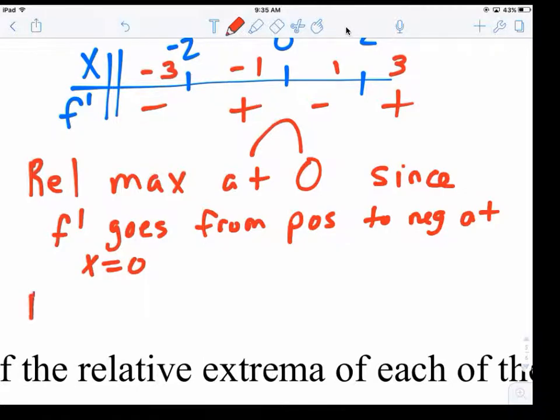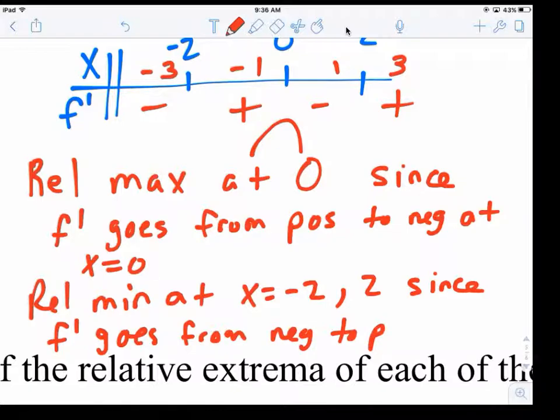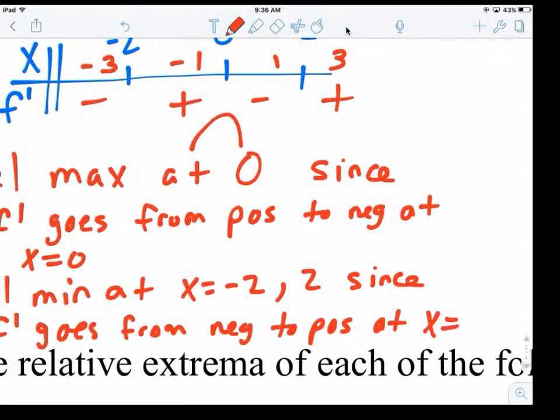And then you have a relative min at x equals negative 2 and 2. Since f prime goes from negative to positive at x equals negative 2 and 2.